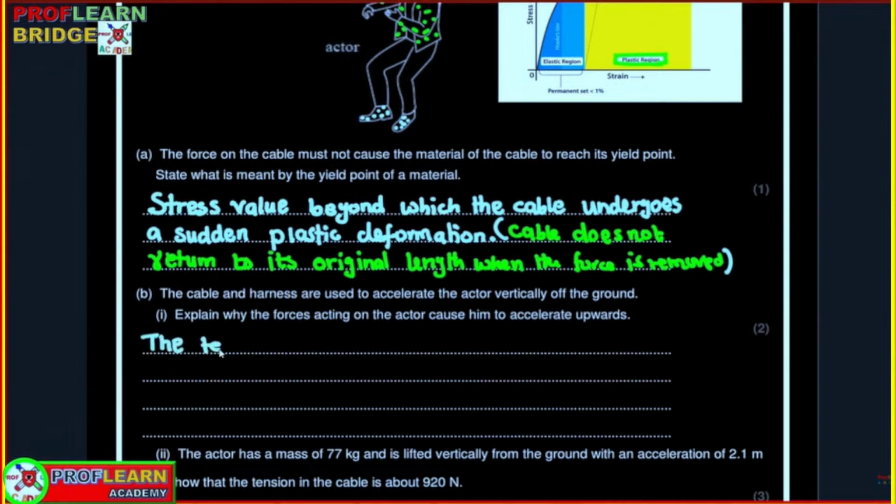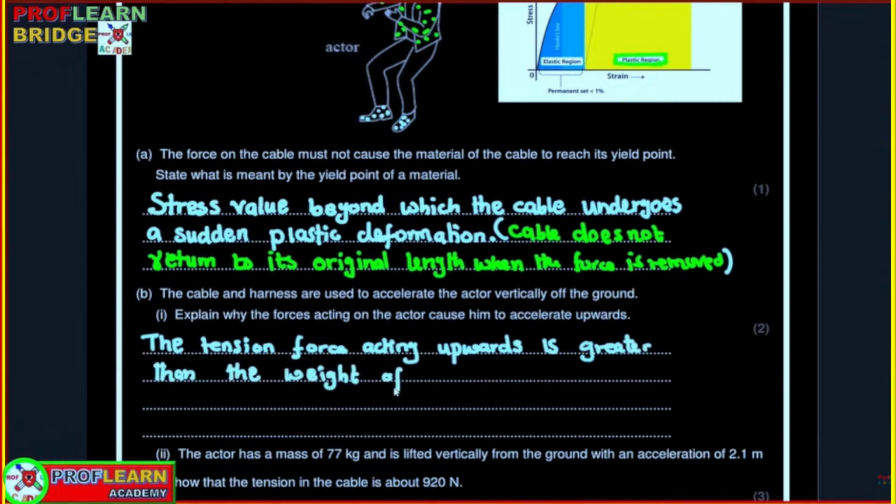So this tension force is going to cause this person to accelerate because the tension force on the cable is acting upward and is actually greater than the weight of the actor.